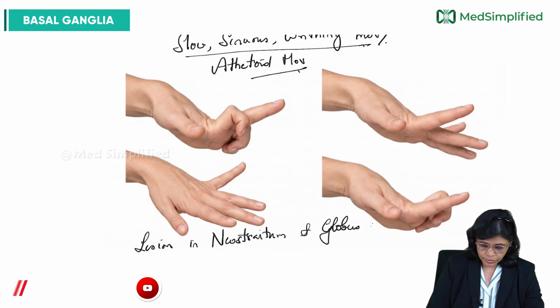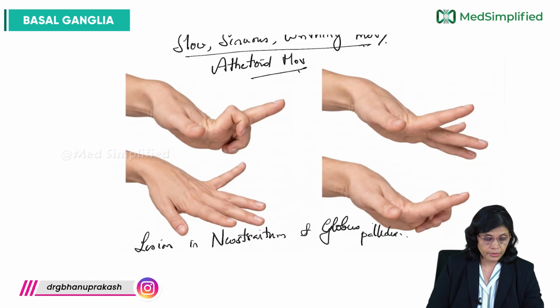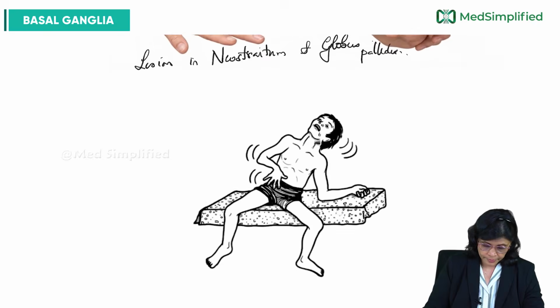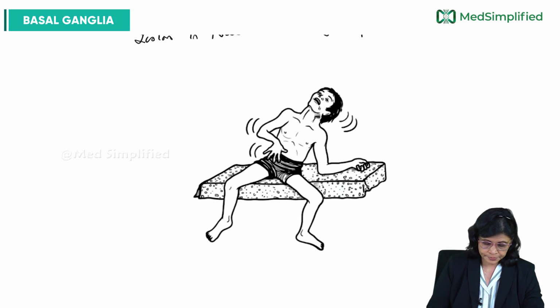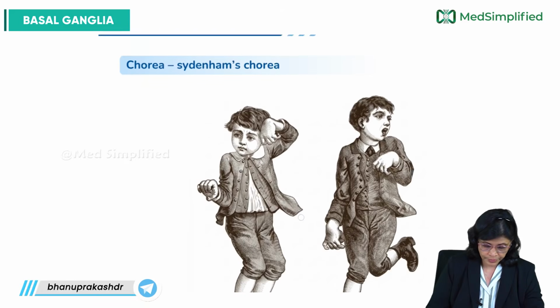So it includes both lesions here. Because of the lesions, the neuronal circuit is broken, involving the basal ganglia and the cerebral cortex, and that results in these athetoid movements. So you can see only the distal portion of the limbs is involved.